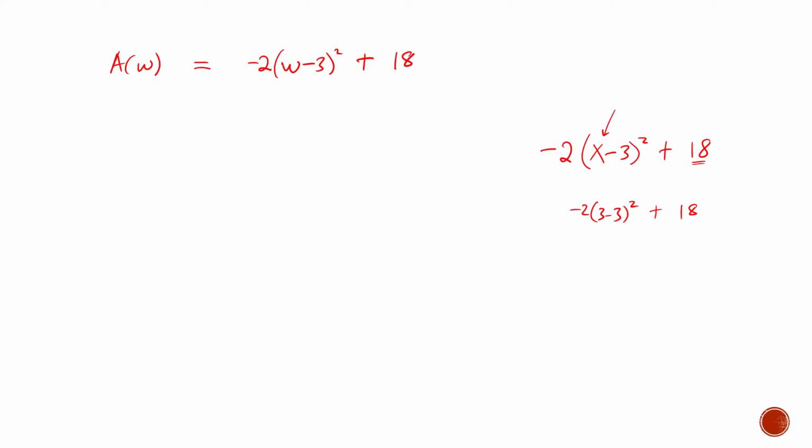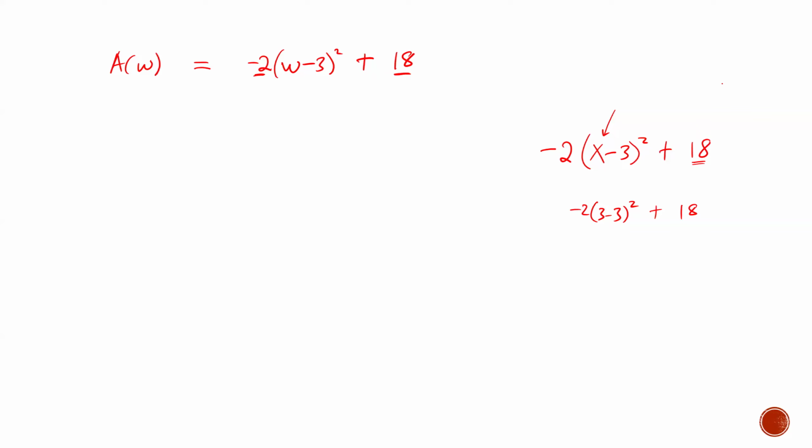The reason is that whatever number you put here, whether W minus 3 is negative or positive, you're going to square it, and it becomes positive. But when you multiply it by negative 2, it becomes negative, which means you're going to reduce on the 18. Because of this negative, we know that we're going to have a maximum, and that maximum is this free constant term here.